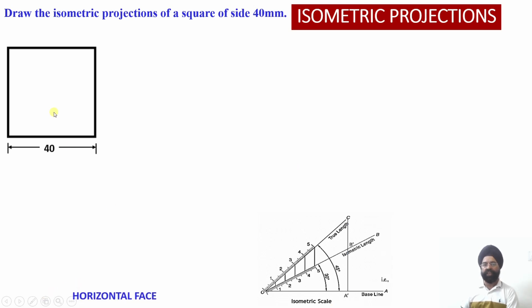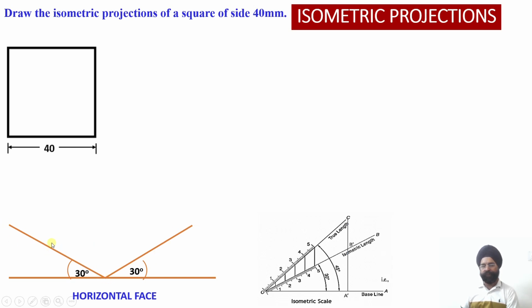Now let us draw the square in the horizontal position. In the horizontal face, as I told you, the basic horizontal ground line will be drawn. We are going to mark a point over here. After marking a point, first of all the x-axis will be drawn and the z-axis will be drawn. Just see, the x-axis has been drawn and the z-axis.